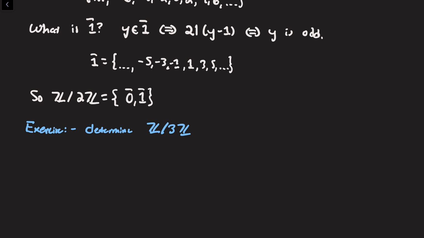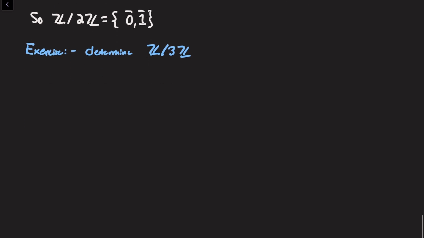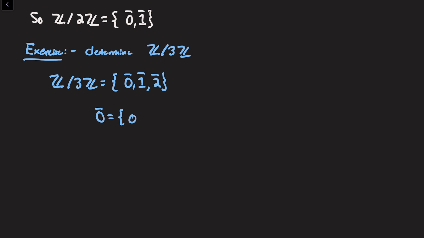And maybe pause that if you don't want to be spoiled, but what you end up finding is that the integers mod 3 consist of three classes, 0, 1, and 2, with 0 equal to the set of -6, -3, 0, 3, 6, etc.